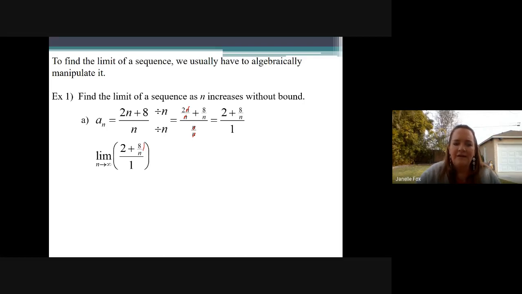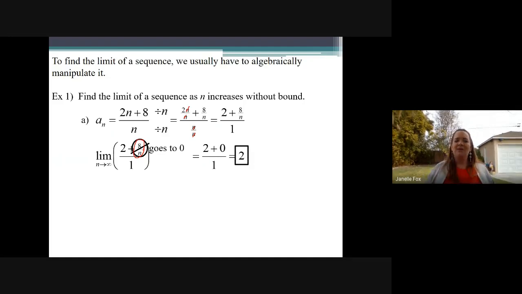Now this guy right here is going to go to 0. 8 divided by huge numbers is basically 0, so it's gone. And all that you're left with is 2 over 1, which is just 2. Folks, the limit of this sequence is 2. If I were to plug in a bunch of numbers, eventually it would basically look like it was 2. Done, the end.